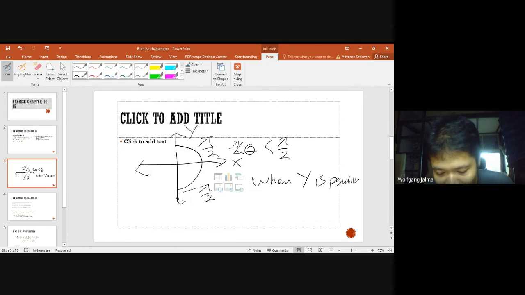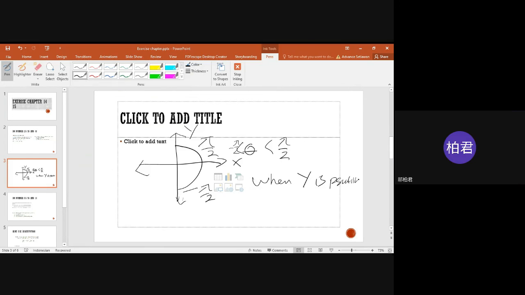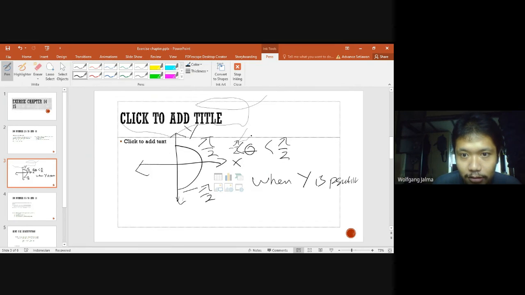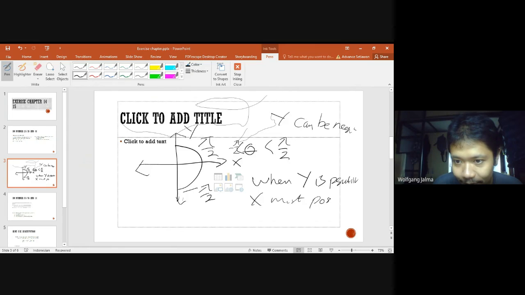Do you see the question? Yes. So in number 48, y can be negative while x must be positive. So from 0 to 180 is not the same thing as minus 90 degrees to 90 degrees here. Do you get it?